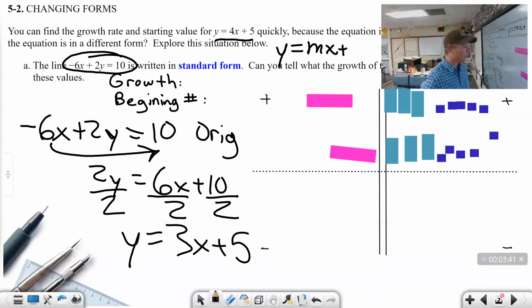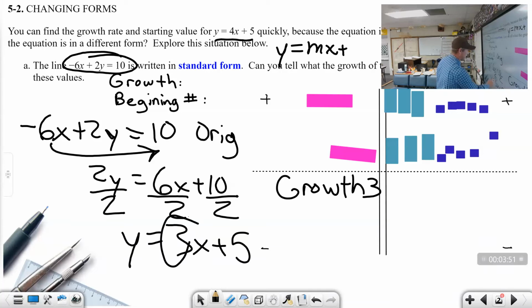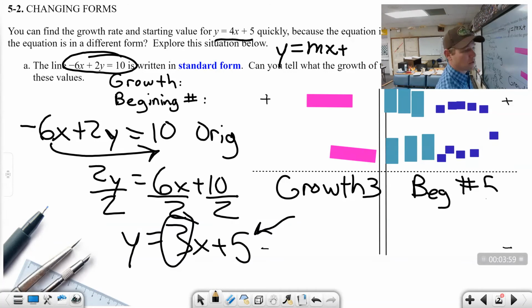Off to the right of your equations, you should write down the growth is what? It's 3. How do I know? Because it says so. You should write down the beginning number is 5. Because it says so. This is the purpose. When I have something that is not usable, I need to rearrange it so that it is usable.